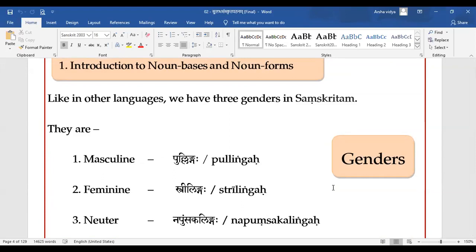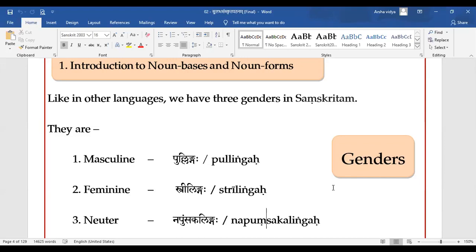How many genders? 3 genders: masculine, feminine, and neuter. In Saṃskṛtam, masculine is called pullingaha. Feminine gender is called strilingaha. And neuter gender is called napumsakalingaha.